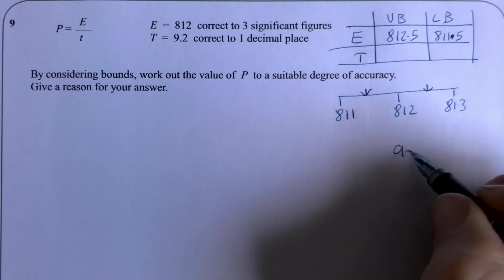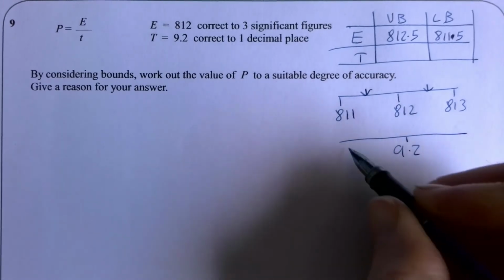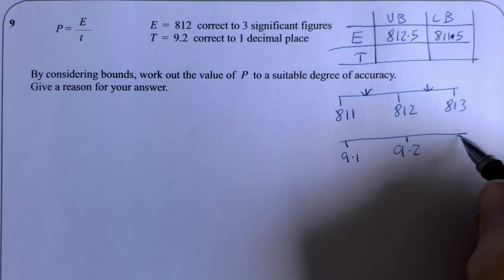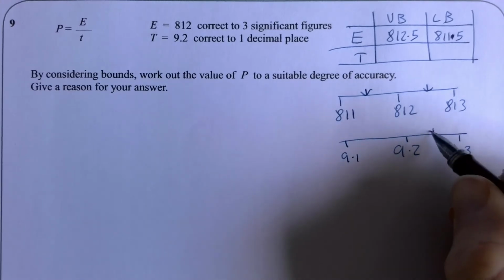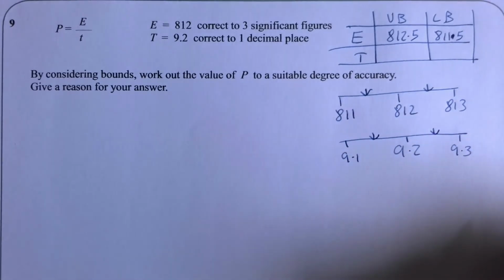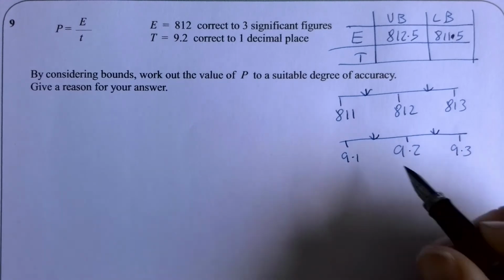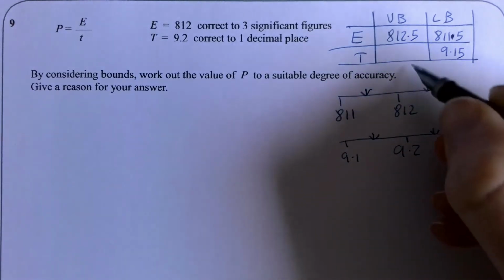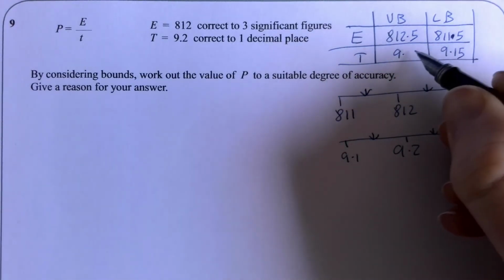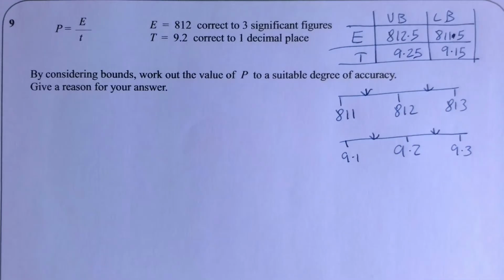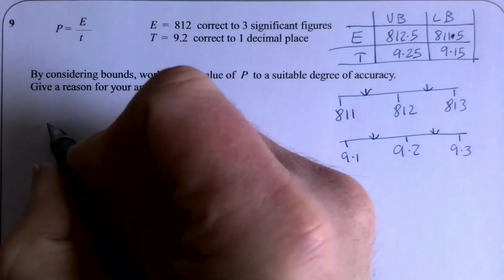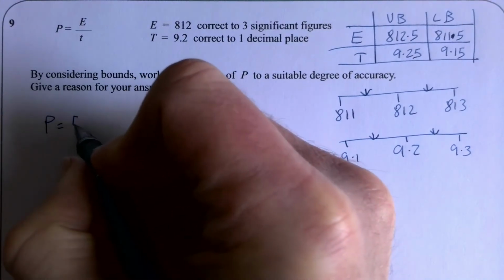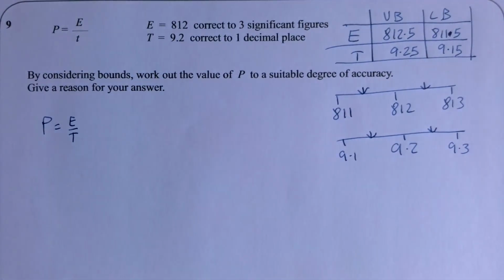T, 9.2. Halfway between those two is going to give us 9.15 and going up to 9.25. Right, so now P equals E over T. We're going to need an upper bound of this and a lower bound.